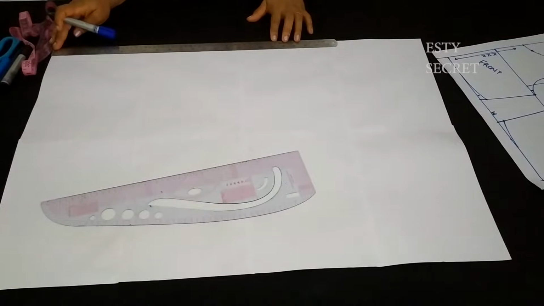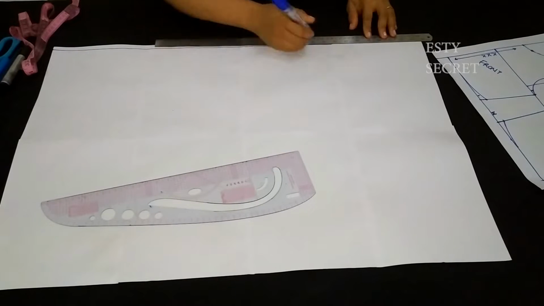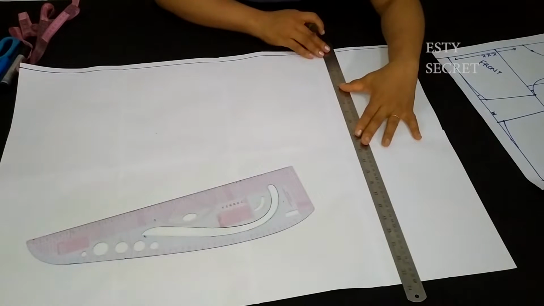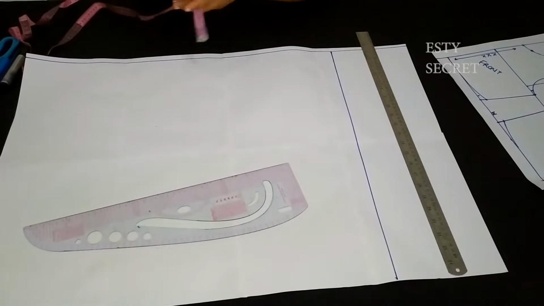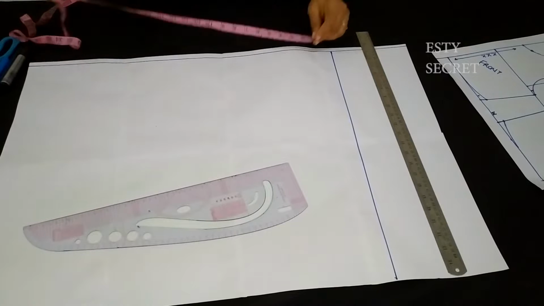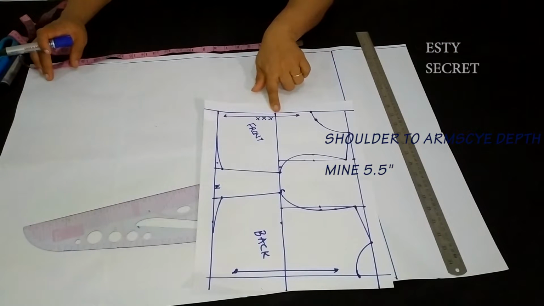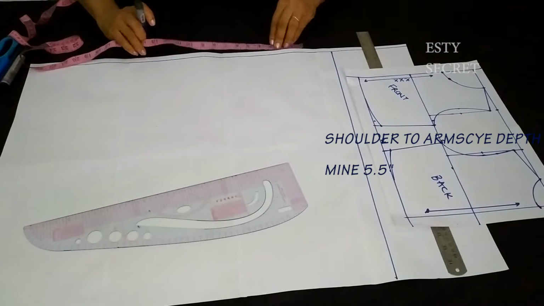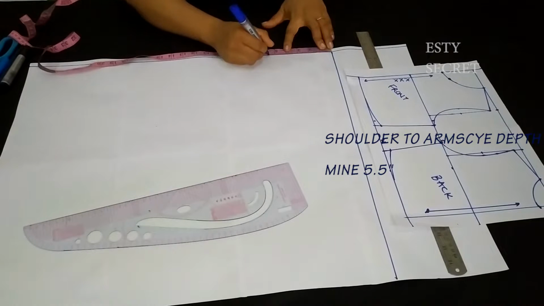So I'm going to start by drawing a guideline. So with the upper part of my guideline serving as my shoulder line, I am going to mark from shoulder to the arm sky depth or the chest line, however you call it. Just the same way I did for the bodice, I'm marking it there.